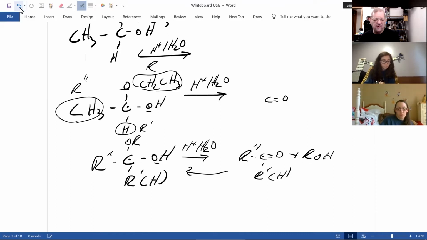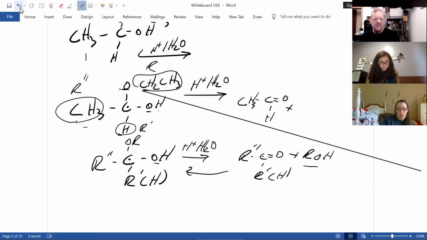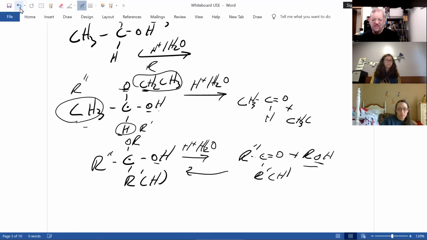What's attached to it here and here, not oxygens, but hydrogens or carbons that are still attached to it. And then you get an alcohol. The carbon here attached to the oxygen will be the carbon that has the hydroxyl group. In this case, you get ethanol. And that's how you do it.